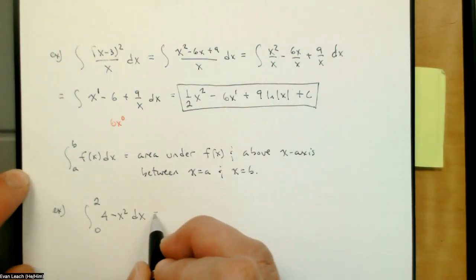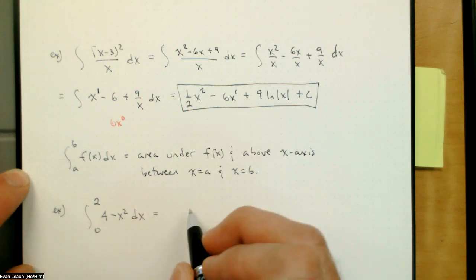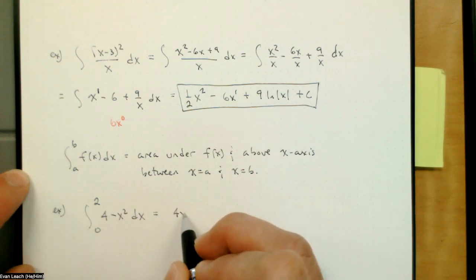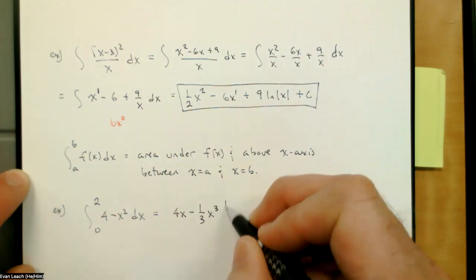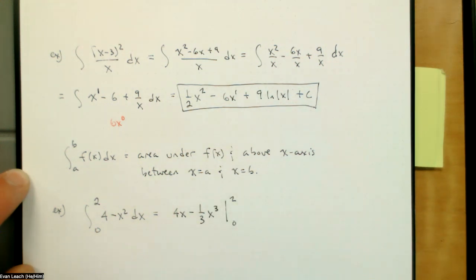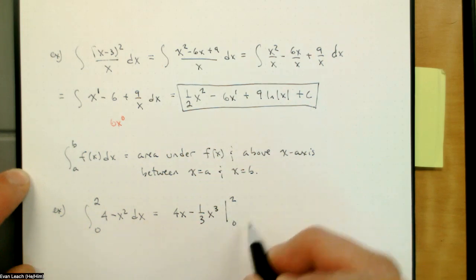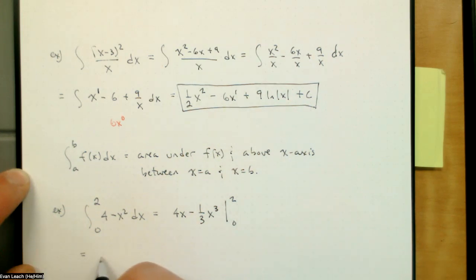First, the calculation part. We find an antiderivative, 4x minus a third x cubed, and we evaluate from 0 to 2. This means we plug in the 2. We plug in the 0.